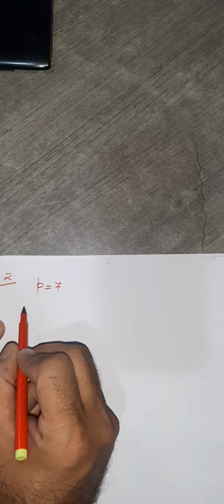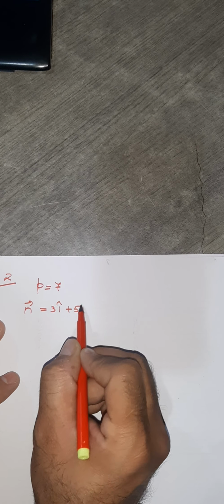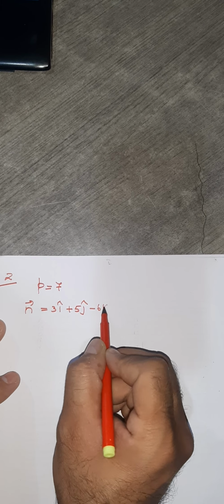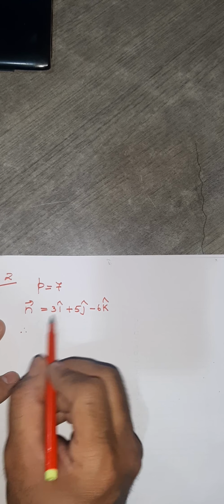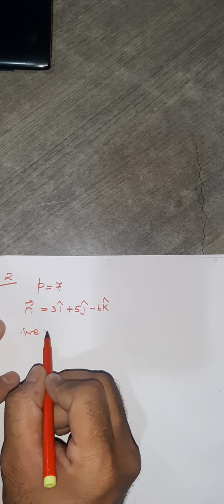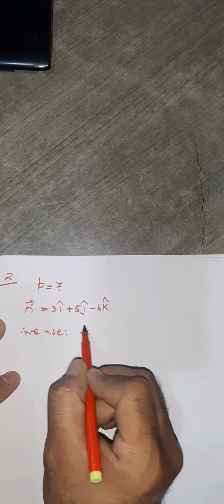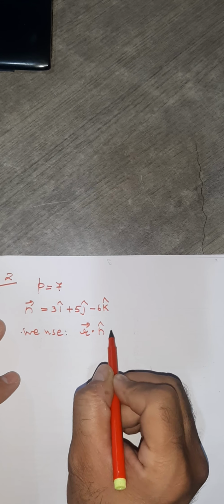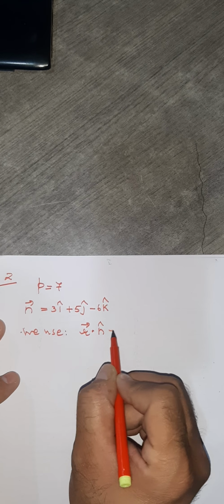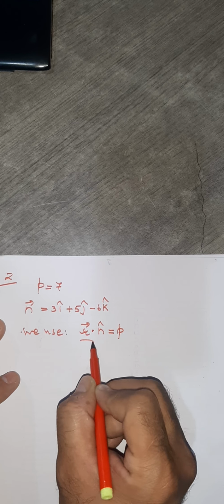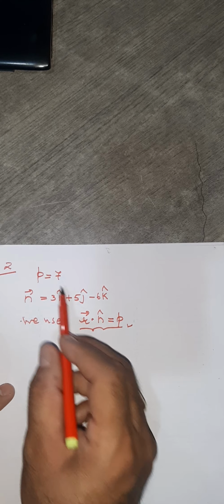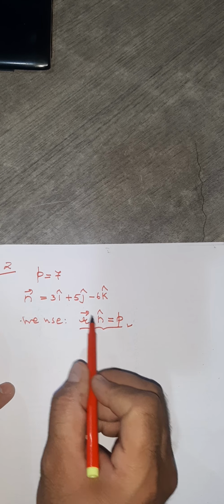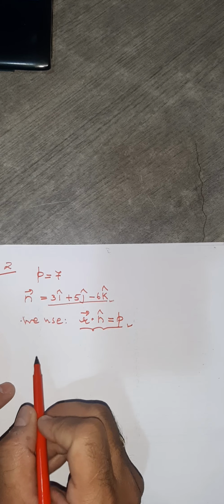What's the normal to the plane? 3i plus 5j minus 6k. So we use the normal form, r dot n cap equals p. Why are we going to use this form? Because we are given the perpendicular distance from the origin. So we just need to make the unit vector here.